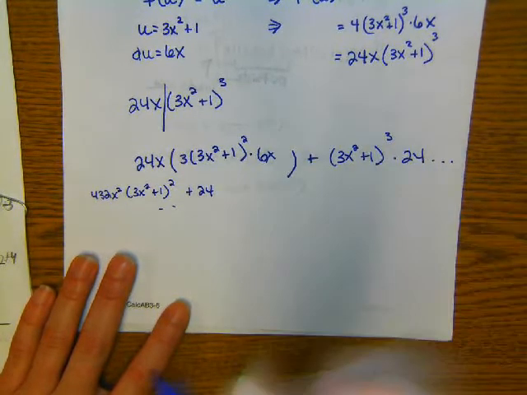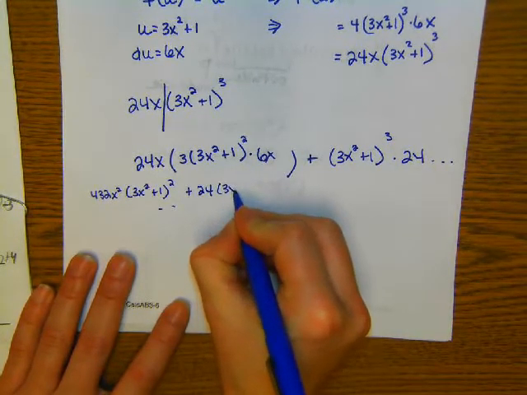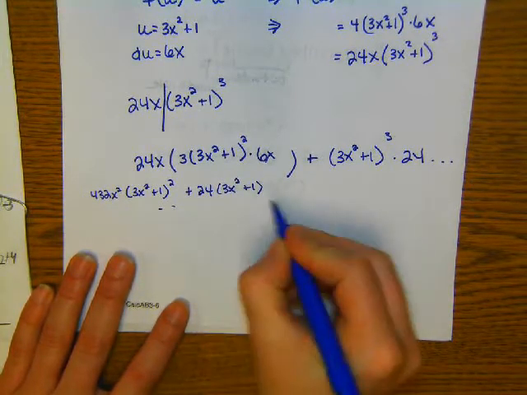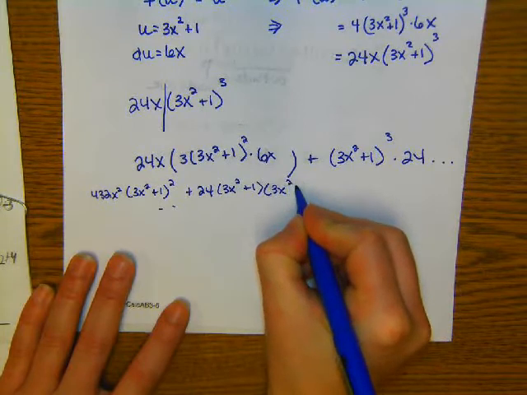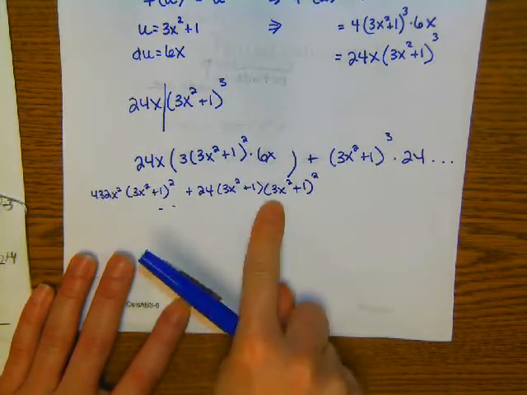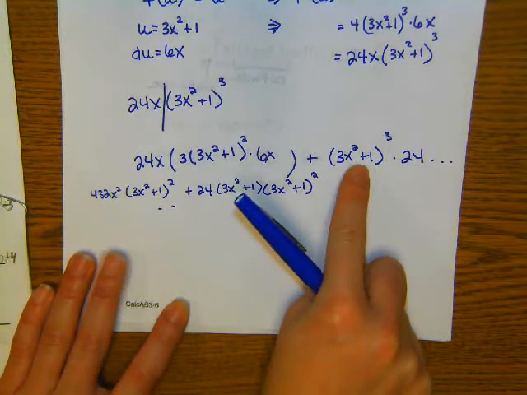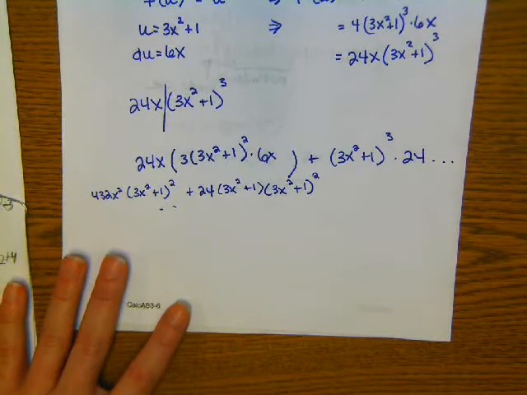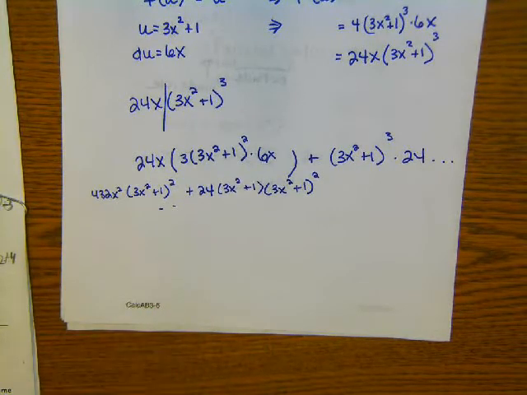So I'm going to do this. I'm going to do (3x squared plus 1), there's one factor, times (3x squared plus 1) squared. Would you agree with me these two things multiply to be (3x squared plus 1) cubed? Yes. Anybody know why I might choose to write it like that?